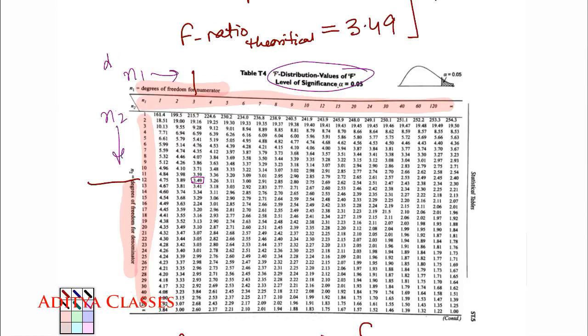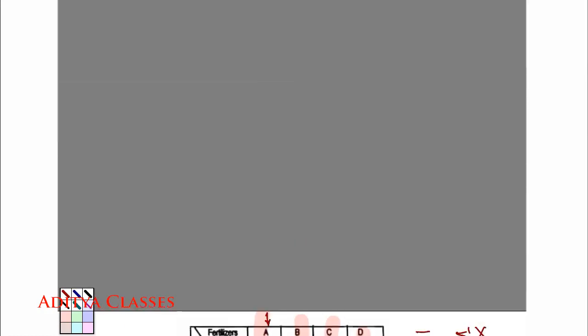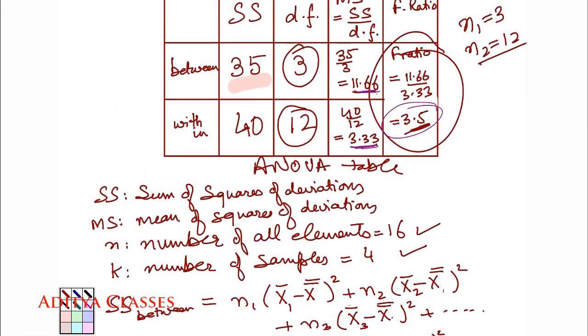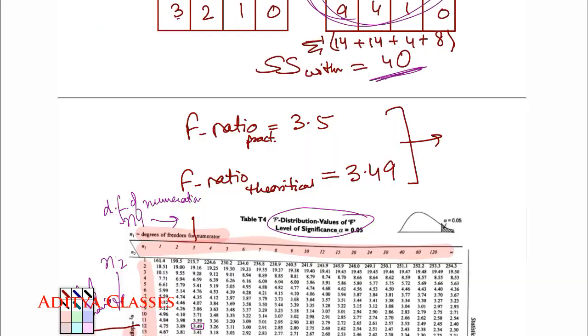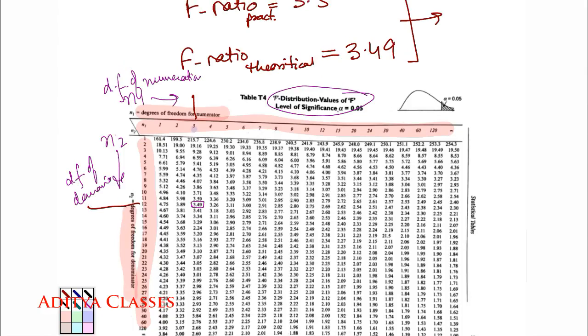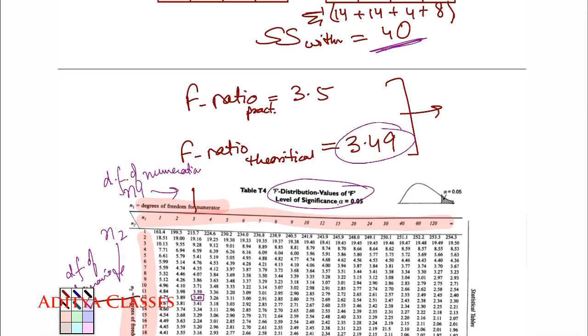N1 is degrees of freedom of numerator in F ratio, remember. N2 is degrees of freedom of denominator of F ratio. In F ratio, degrees of freedom of numerator were 3, denominator were 12. So I checked N1 as 3 and N2 as 12. N1 3, N2 12, giving me 3.49, just missing the target.